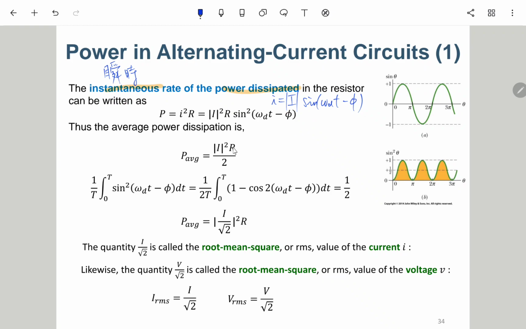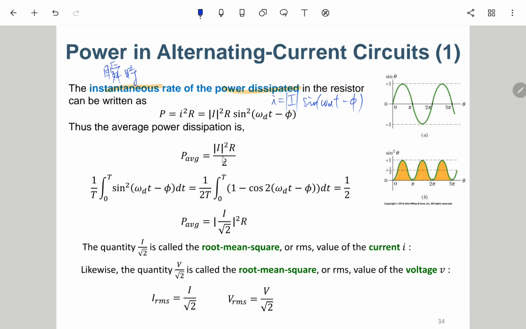The idea is to consider the average power. Or we try to square it, then take the average, and then take the square root again. So it turns out to be a root mean square. Here we try to take the average of this instantaneous power.